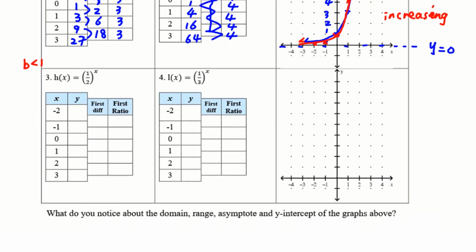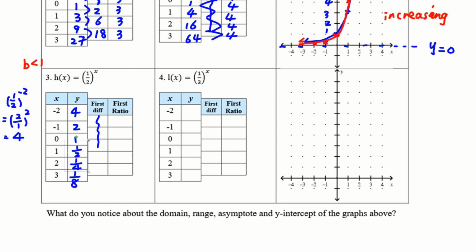So 1 over 2, we sub in 1 over 2 to the exponent -2. We could convert it to a positive exponent by flipping the fraction, so you will have 4. Then -1, flip, 2 over 1 to the exponent 1 is 2. 0, any base to the exponent 0 gives you 1, then 1 over 2 to the exponent 1 is 1 over 2, then 1 over 4, 1 over 8.